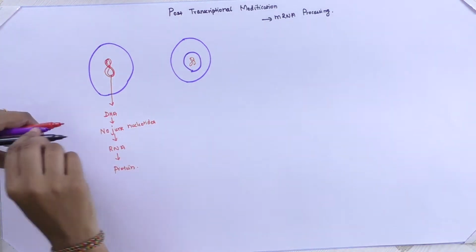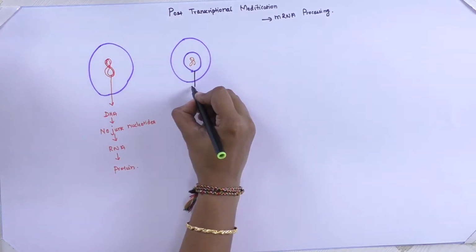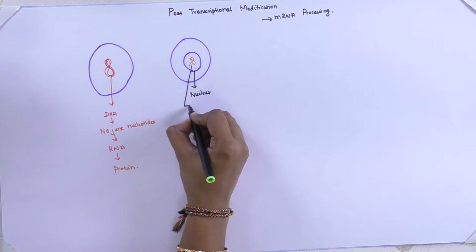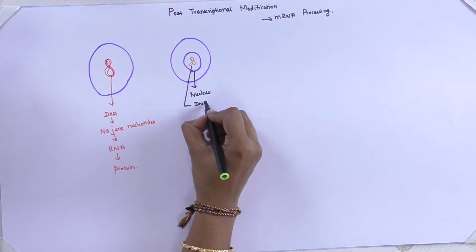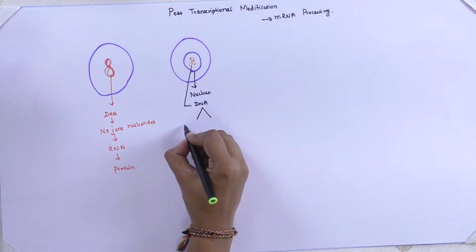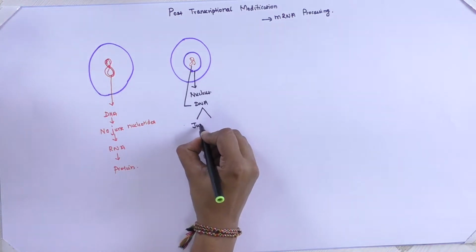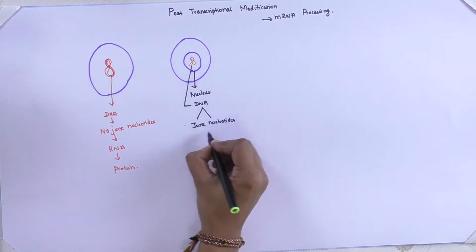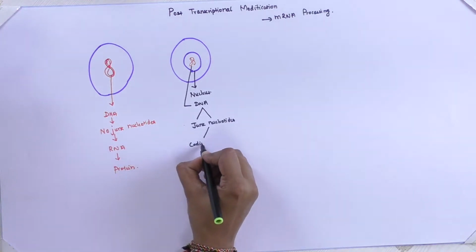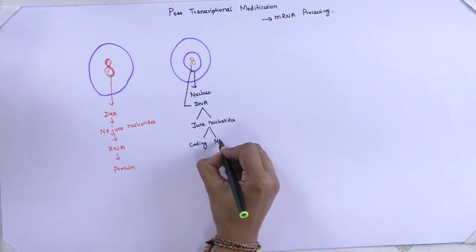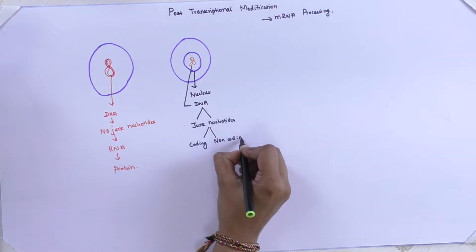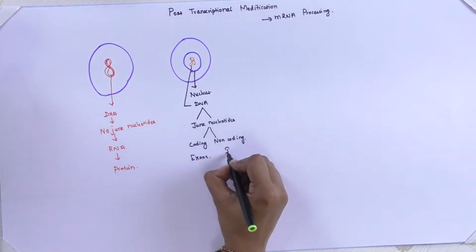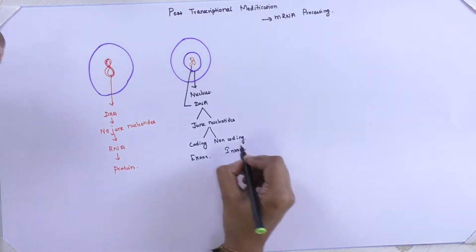But if you take here, you will have an extra material, the nucleus, and inside that you will have your DNA. DNA is made up of junk nucleotides, that is coding and non-coding. Coding regions are known as exons and non-coding regions are known as introns.